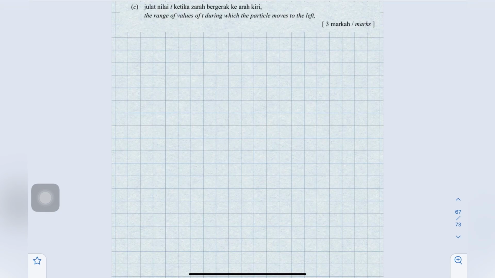C. Find the range of values of t during which the particle moves to the left. So for moving left, v is less than 0. So v, t squared minus 6t plus 8, is less than 0.